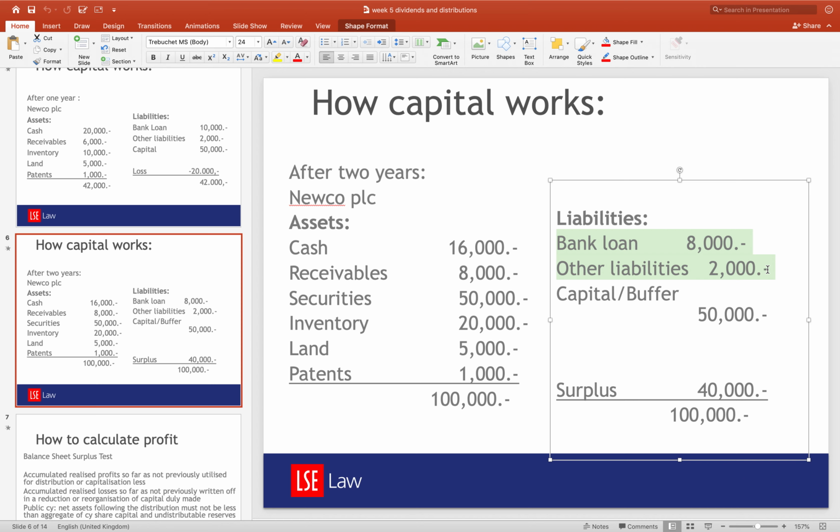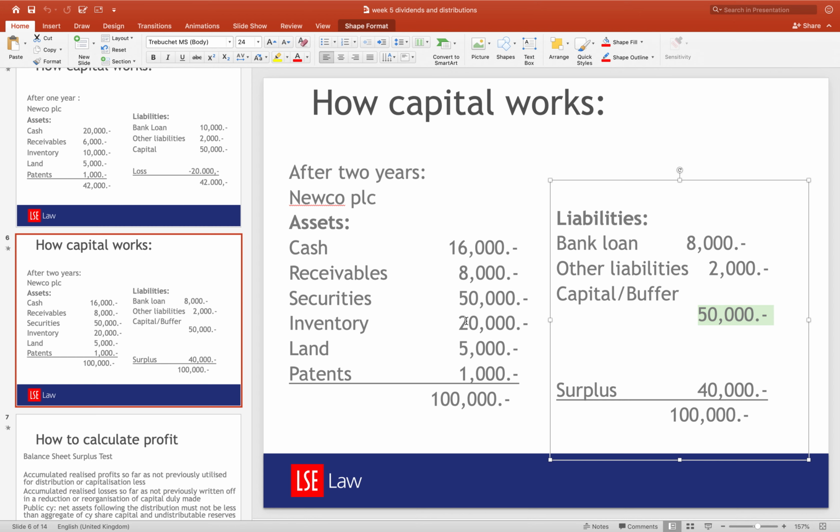So from the perspective of creditors, it's in a very healthy position. Nevertheless, it can only distribute 40,000 because share capital, the buffer here, reduces its ability to distribute more. So that's how capital works. It's a buffer, but not in the sense of an asset, just in the sense of a blocker preventing distributions.